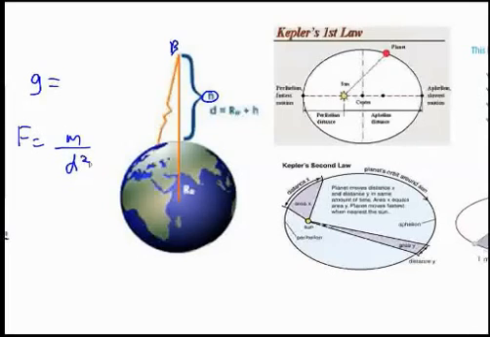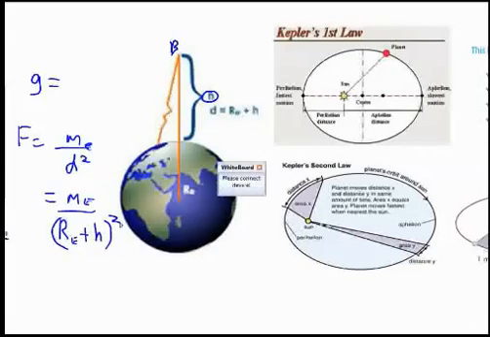Now in this case, it does not consider the mass of the object, it considers the mass of the earth, Me. The distance d is given by the radius of the earth, that is the distance from the center of the earth, plus the height of the body from the surface of the earth, that is h, and it is inversely proportional to the square of the distance.